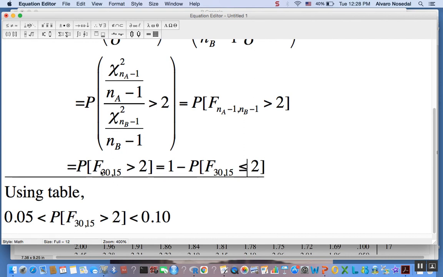The probability that an F with 30 degrees of freedom in the numerator and 15 degrees of freedom in the denominator is greater than 2 is the same as 1 minus the probability that that F distribution is less than or equal to 2. Make sense? Now this is in terms of the CDF.